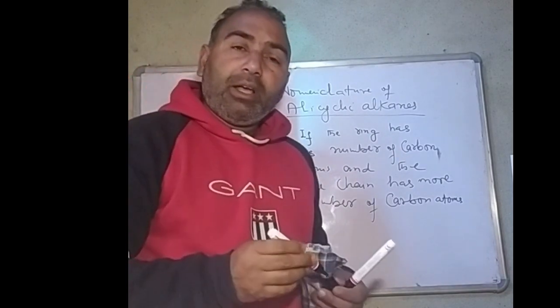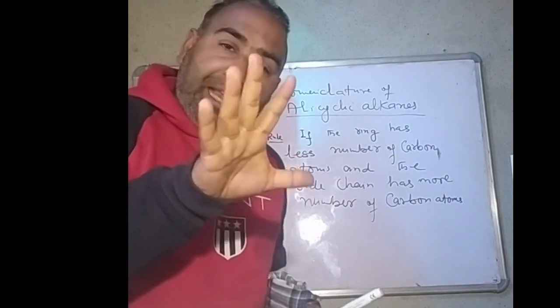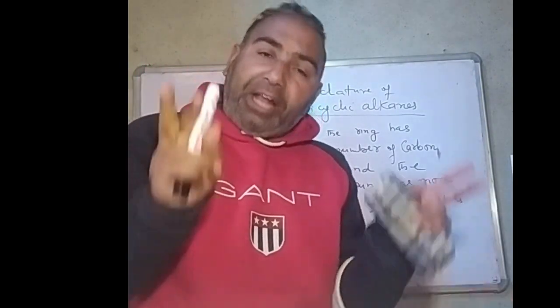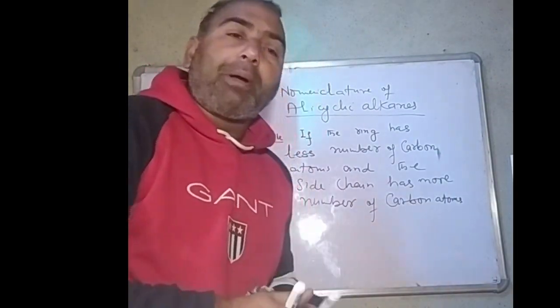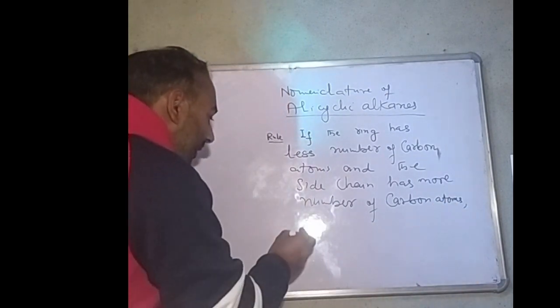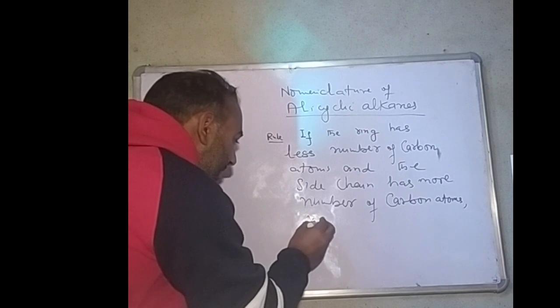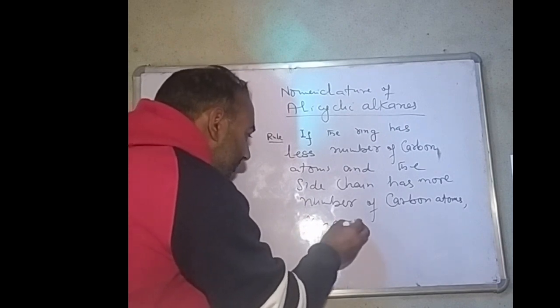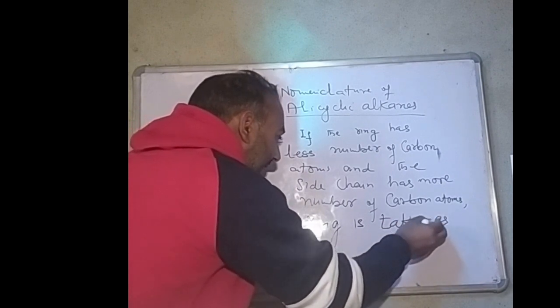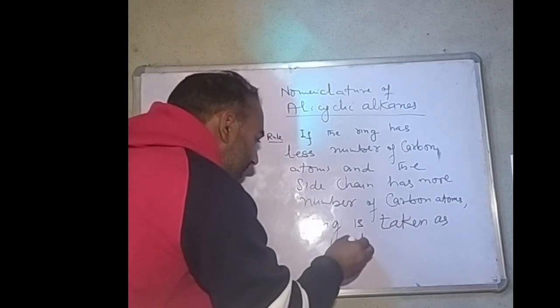If the alicyclic ring has less number of carbons and the side chain attached to it has more number of carbons, then what should we do? The rule is, ring is taken as substituent.